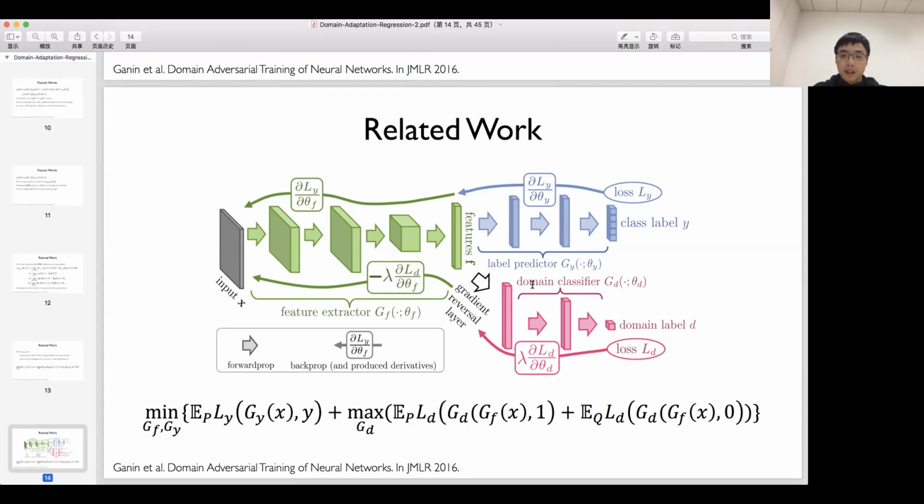And if the domain classifier can classify the source samples and target samples correctly, it means that the estimated distance is close to the upper bound. And if we try to minimize the distance, it just means we learn the feature extractor to confuse the domain classifier.